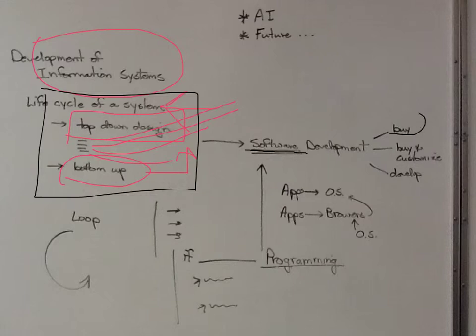You can buy software, you can buy some software and customize it, or you can develop your own. Developing is the most expensive, but sometimes the best way to do it, or sometimes the only way that really makes sense. So we will talk about software development, and we'll talk about programming.